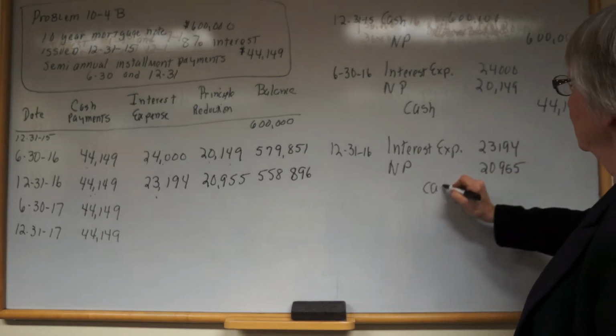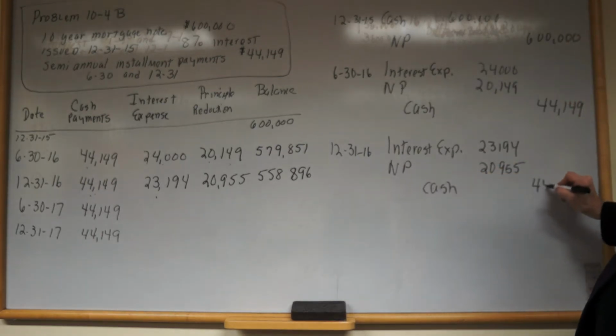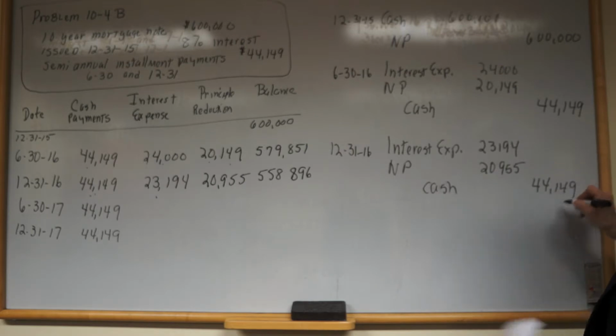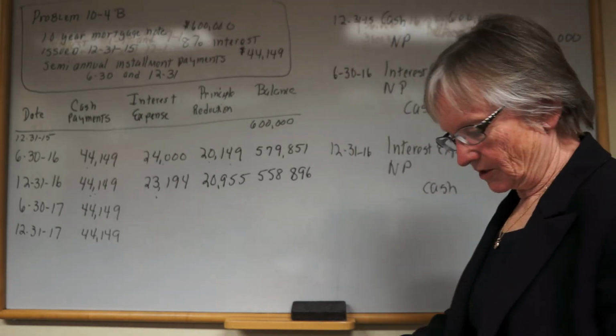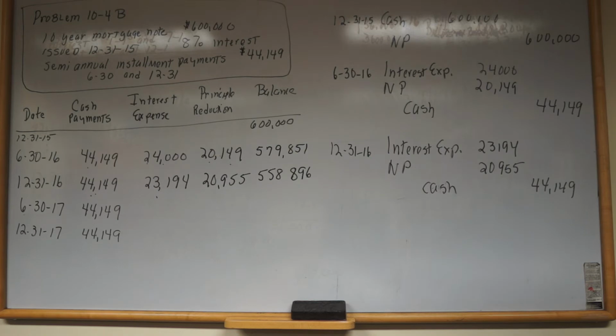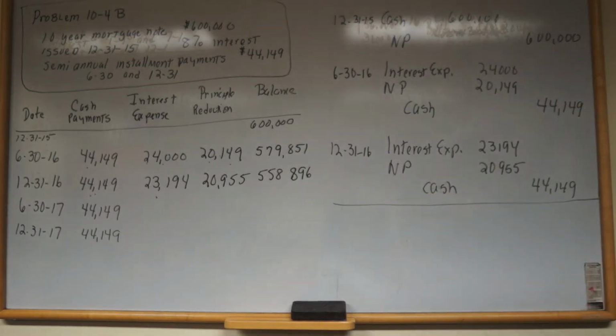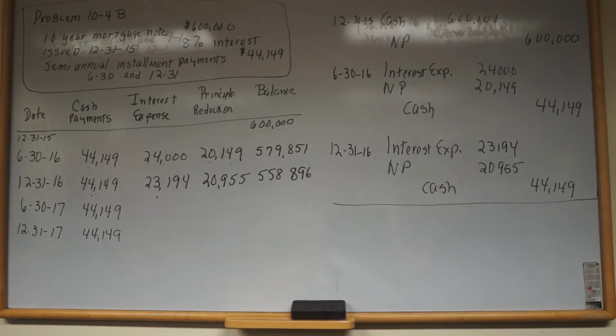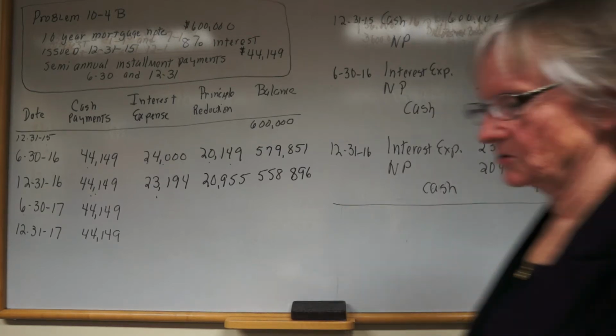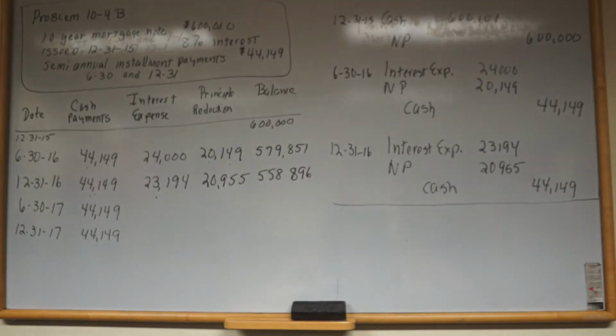And we wrote the check for that $44,149. Okay, so they're asking you to prepare a partial balance sheet at 12/31/2017. Oh, so we did have to do those other two years. So we can do that.